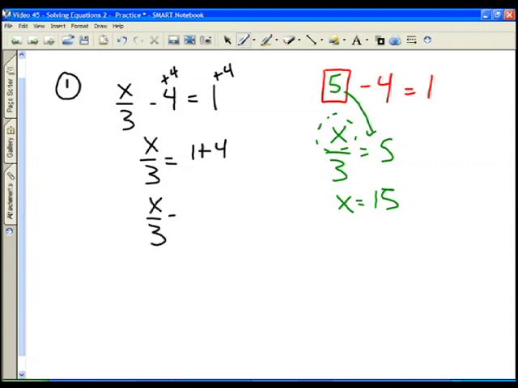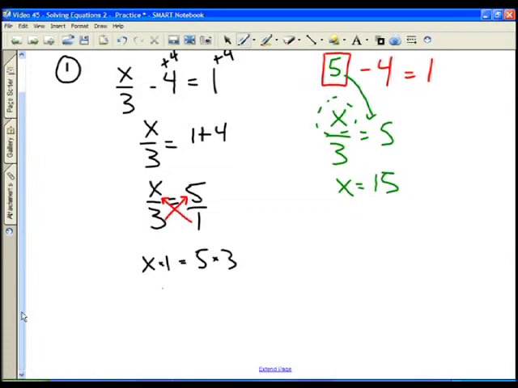So we have x over 3 is equal to 4 plus 1, which is 5. And now to clean things up, we represent our whole number as a fraction over 1. And now you notice we have a fraction on the left and a fraction on the right. And so what we do is we cross multiply bottom to top on both sides of the equation. So now we've got x times 1 is equal to 5 times 3.